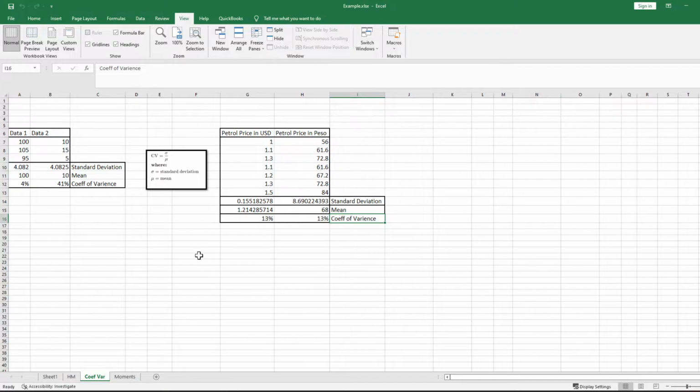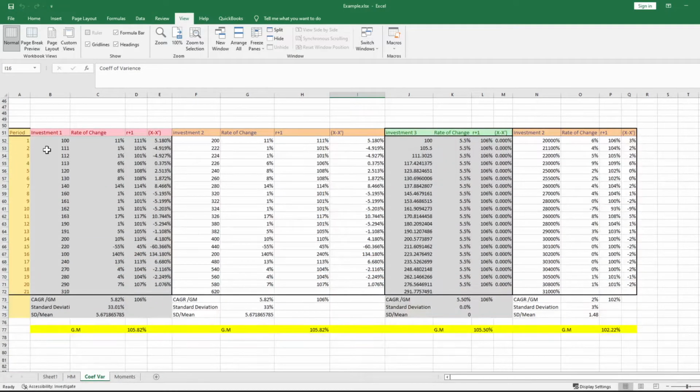Let us look at how this coefficient of variance can be used to compare your investment. Let's say you have four different investment opportunities over a period of 21 months, with a rate of change. Maybe your investment was 100 rupees in period 1 and 111 in period 2. So this is a share.